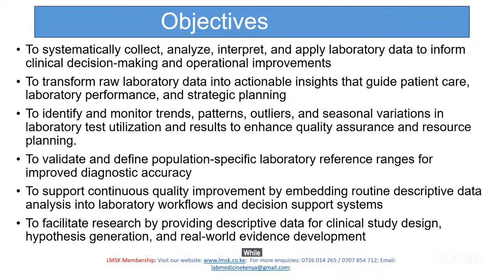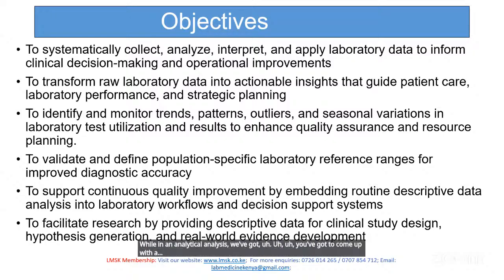While in an analytical analysis, you've got to come up with the hypothesis. That is the null and alternative hypothesis. Analytical is also called inferential statistics. So what is inferential statistics?